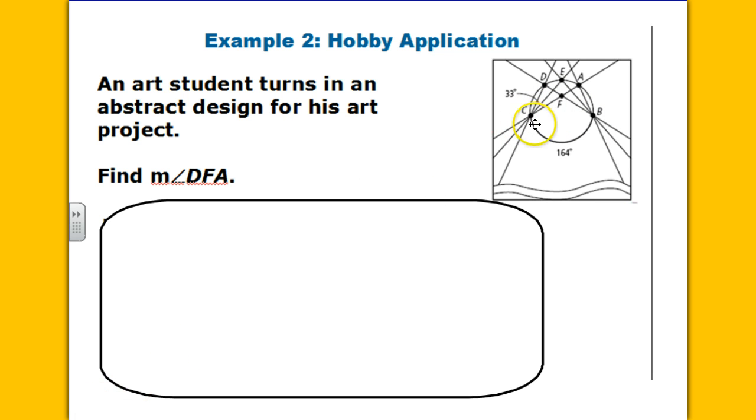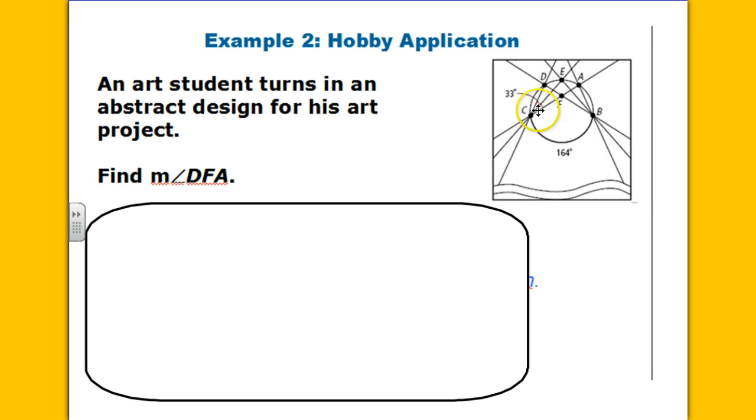Oh, actually, is this inscribed? CEB. Yeah, that's inscribed, and what measure is that? It's half of 164. So they are treating this angle as a central angle, so we could say that the inscribed angle that's formed by CEB is 82.